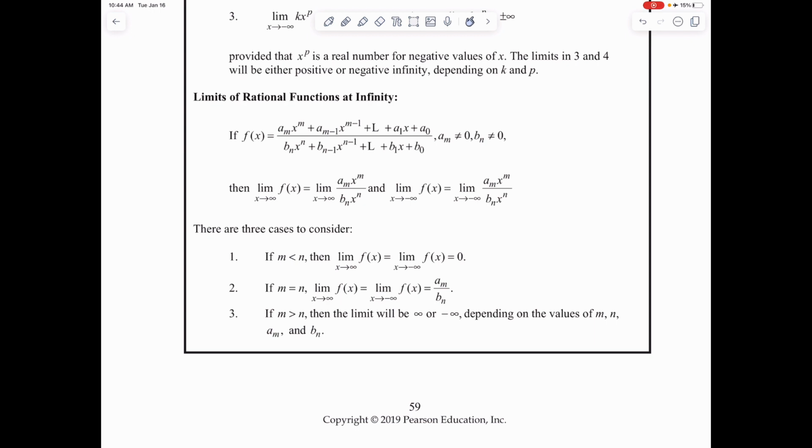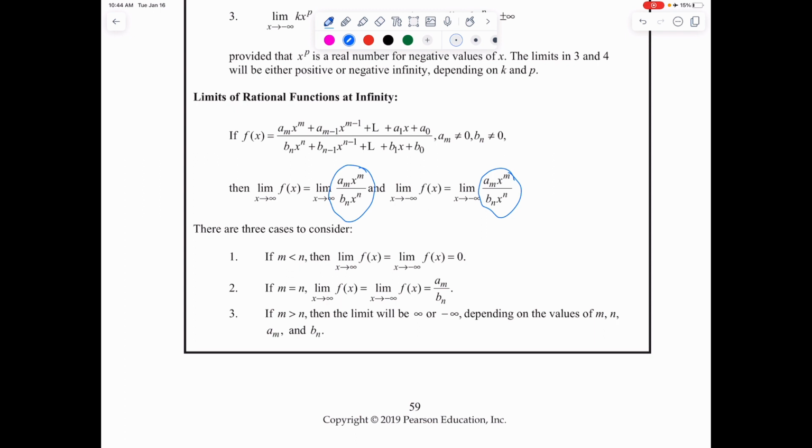So we have a polynomial over another polynomial, then for the limit of this as it goes to infinity, we can just look at our first terms. And we can look at our first terms as it goes to negative infinity.